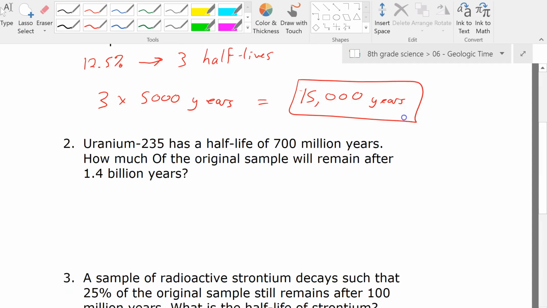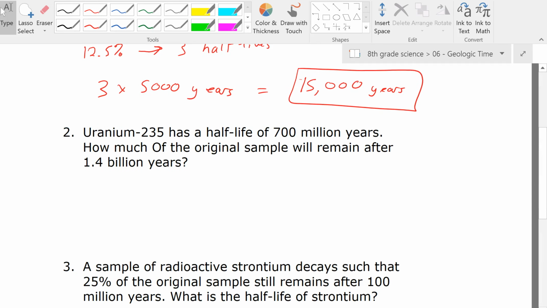Next one. Uranium-235, half-life of 700 million years. How much of the original sample will remain after 1.4 billion years? The only thing that's really tricky about this is the millions and the billions, so watch for that. 700 million is the same as 0.7 billion, or 1.4 billion is the same as 1,400 million, or maybe it's just easy to write these numbers out all the way.